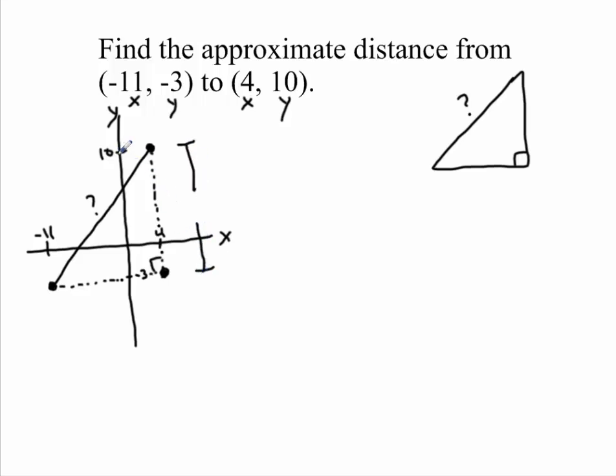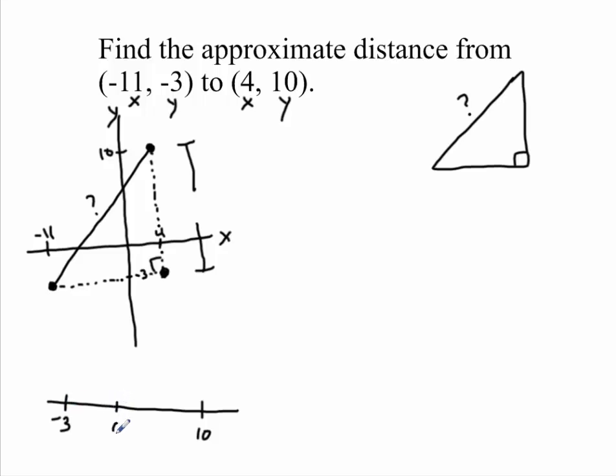If I look at it, this point has a y value of 10, and this point has a y value of -3. So we're trying to figure out the distance from 10 all the way down to -3. Or if it helps you, you could draw a number line. We want the distance between 10 and -3. So I want to know how far apart these numbers are.